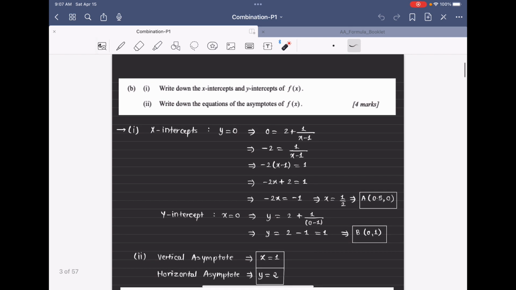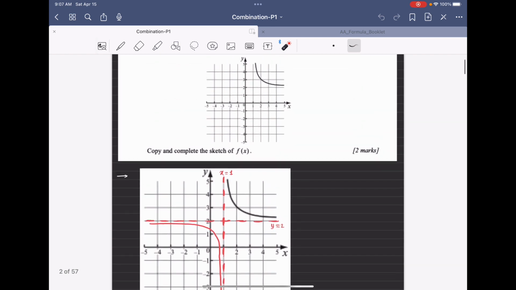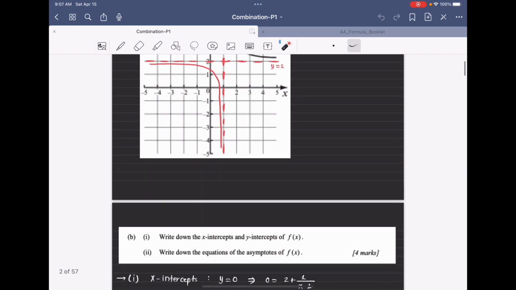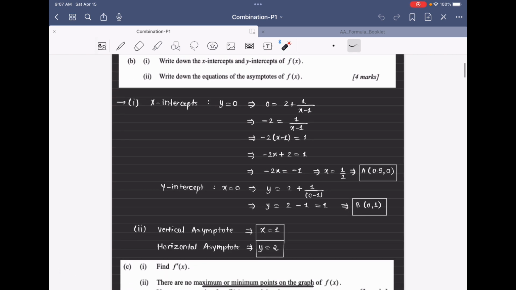Second, write down the x-intercept and y-intercept of the graph. Now they are asking to find the x-intercept and y-intercept. So we will put y is equal to 0 in your equation. f of x is equal to 2 plus 1 upon x minus 1. As it is paper one, I need to show some steps. So plus 2 taken to the other side becomes minus 2, equals 1 over x minus 1.